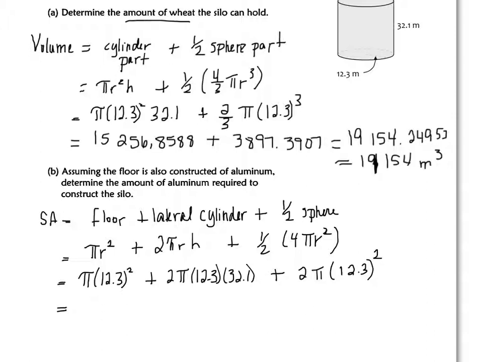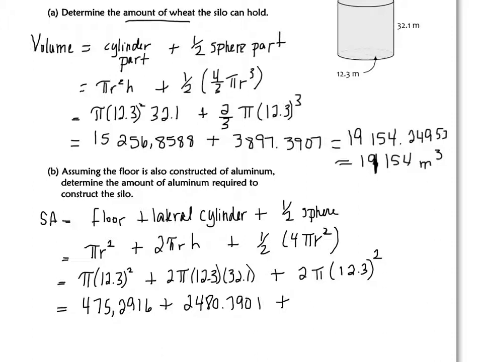Now we work each part out. 12.3 squared times pi is 475.2916. Then 12.3 times 32.1 times pi times 2 is 2,480.7901.